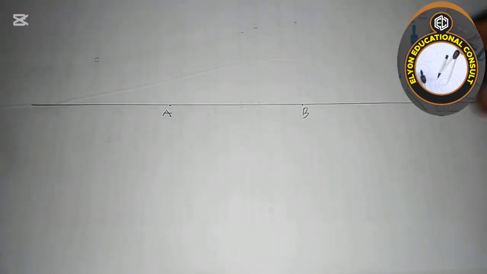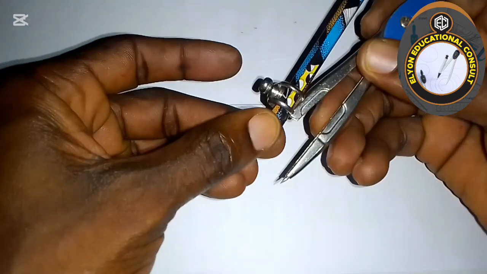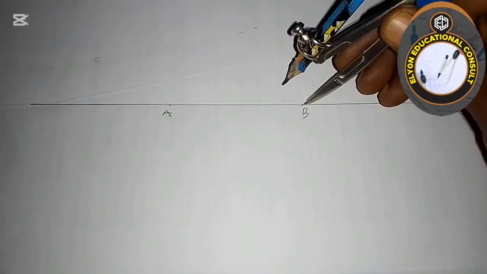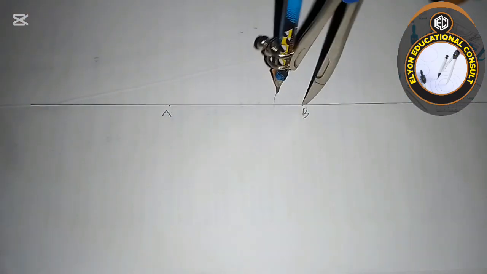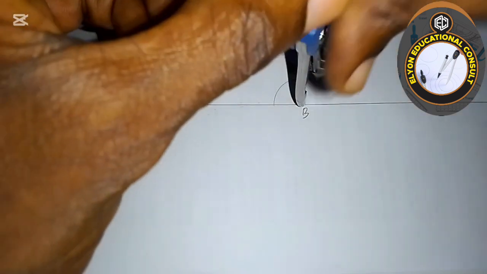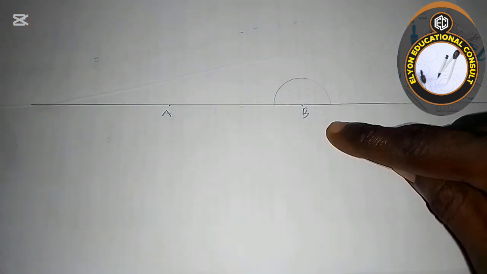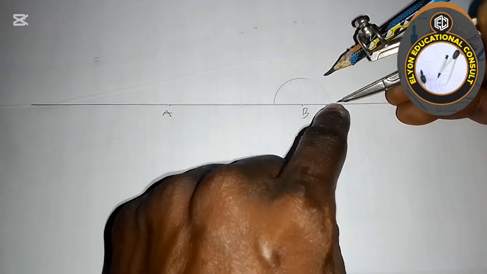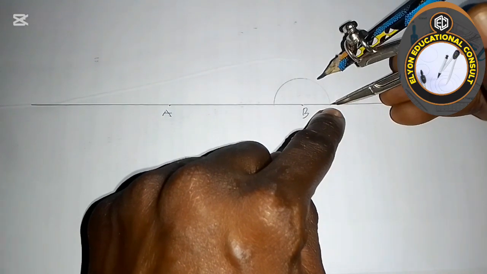at this point B. To construct angle 120, what we do is just open your compass to any convenient length of your choice, any convenient radius. Needle on this point B, then draw a semicircle this way to touch the baseline, as you can see. With the same compass radius, do not adjust it, place it at the point where the semicircle intersects the baseline.